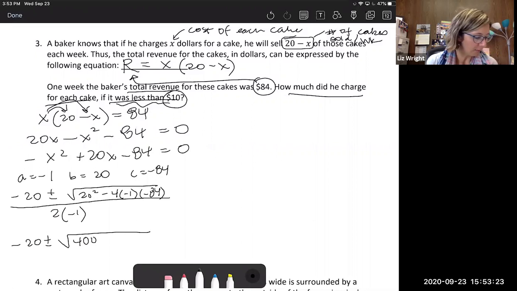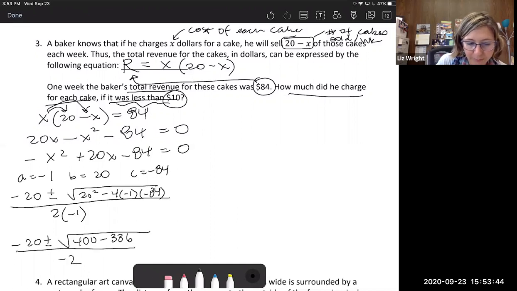And then we've got, what's the next one going to be? So we're going to do 84 times 4, which is going to be -336. And by the way, it's going to be negative because we have 3 different negatives in there. And that's going to be all over -2.